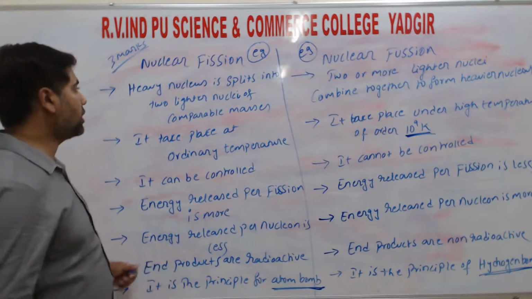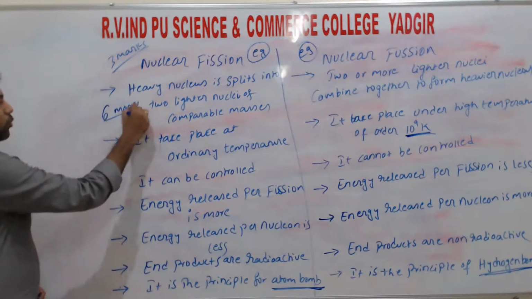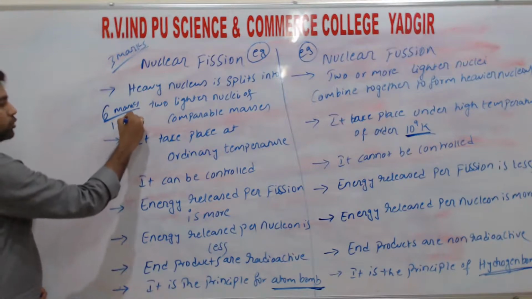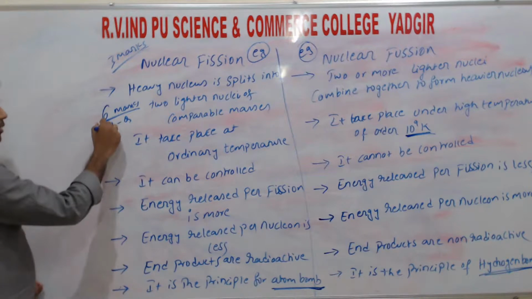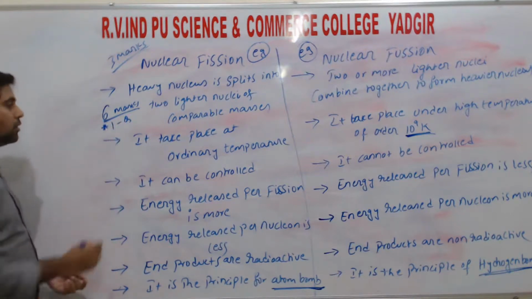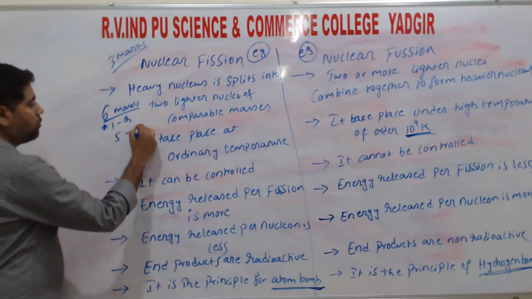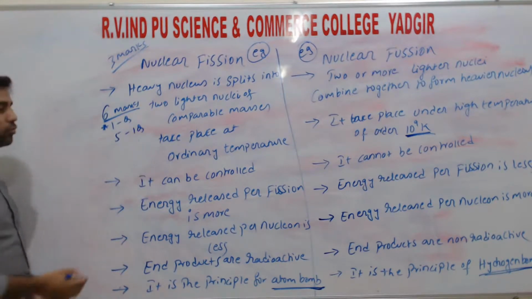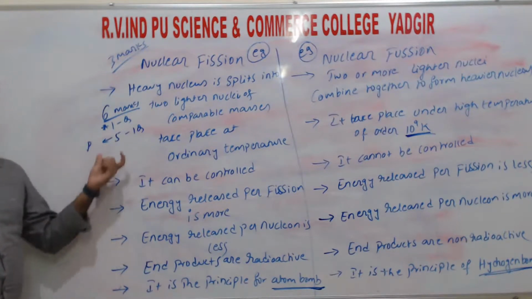From this chapter we have 6 marks, right? So the possibility of questions which are coming is, for 1 mark, one question will be compulsory, and for 5 marks, one question will be compulsory. So the maximum possibility of coming is a problem from this chapter.